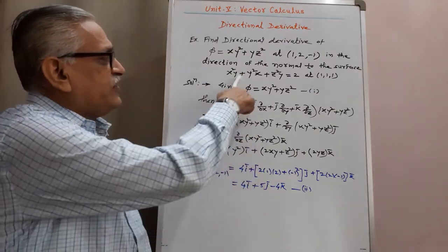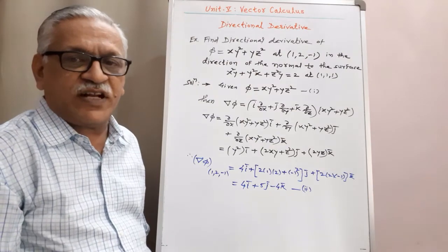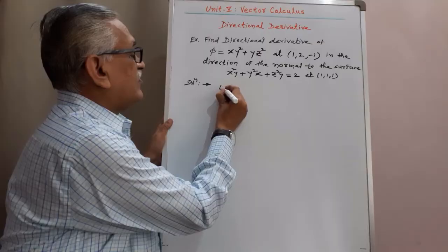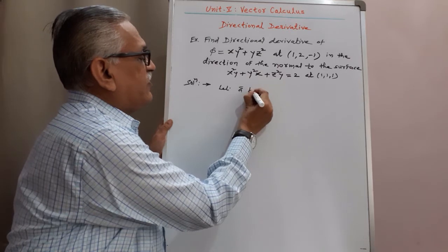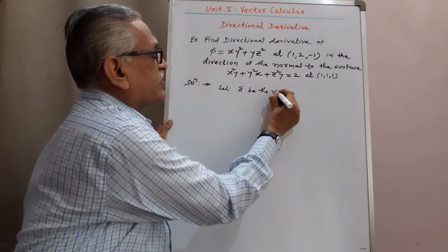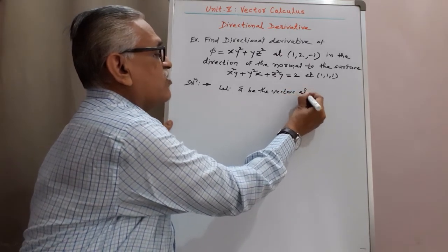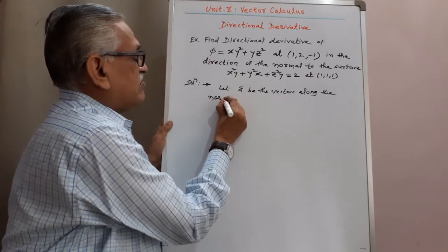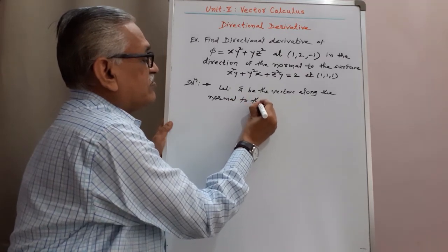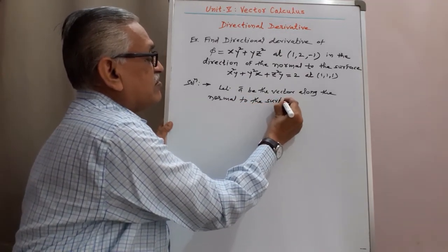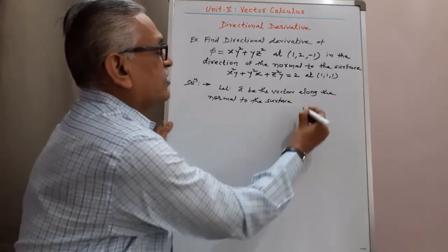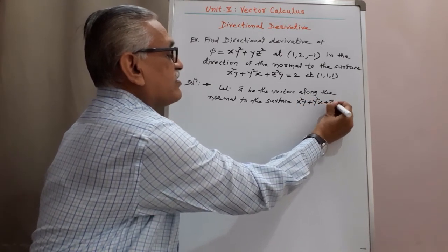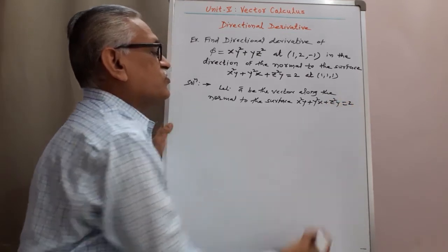In the next step, we need to find the vector along the normal to the surface, and that vector is obtained by finding the grad. Let a bar be the vector along the normal to the surface x square y plus y square x plus z square y equal to 2.